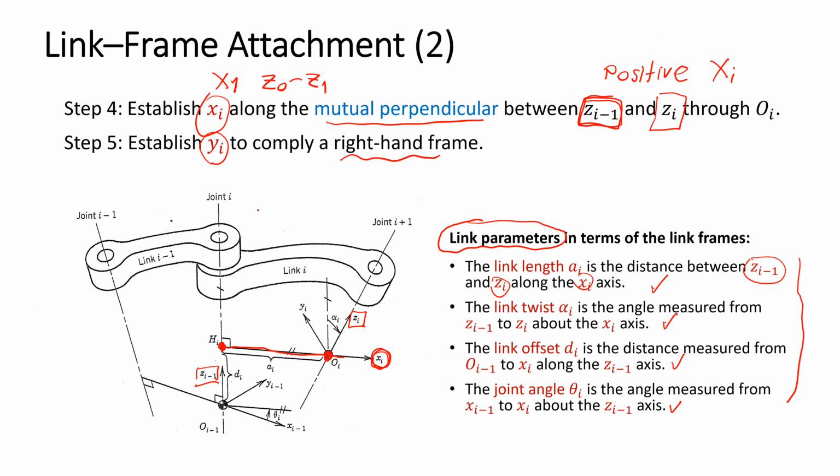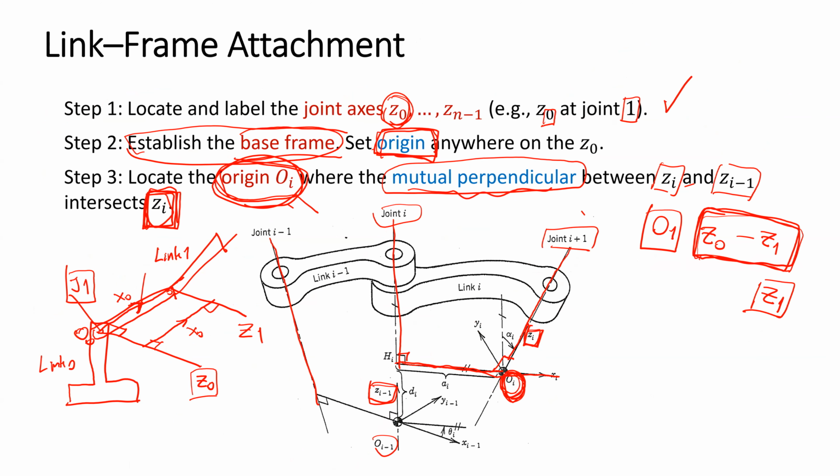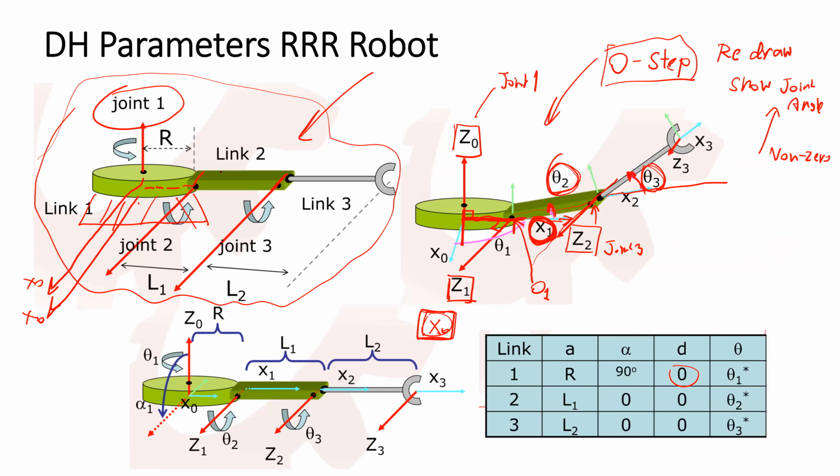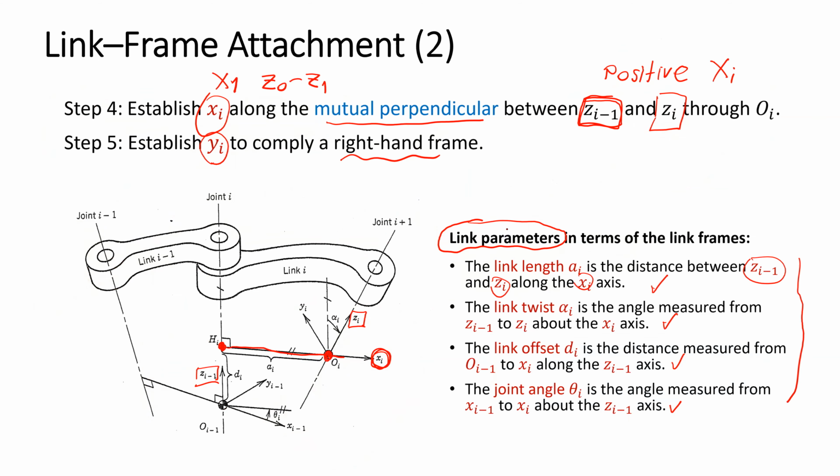Using the same concept for O2, the origin of frame 2, and the X-axis of frame 2, we need to draw the mutual perpendicular between Z1 and Z2.